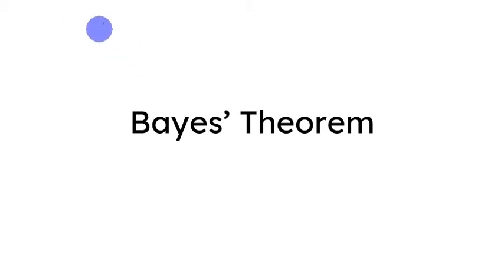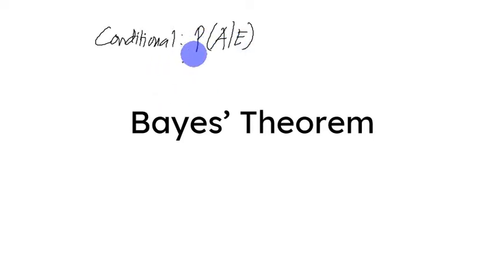Previously, we have learned about conditional probability, wherein we figure out the probability of an event A happening given that another event E has happened. If we want to figure out the probability of these two events happening, we want to know if events A and E would affect each other's probabilities.